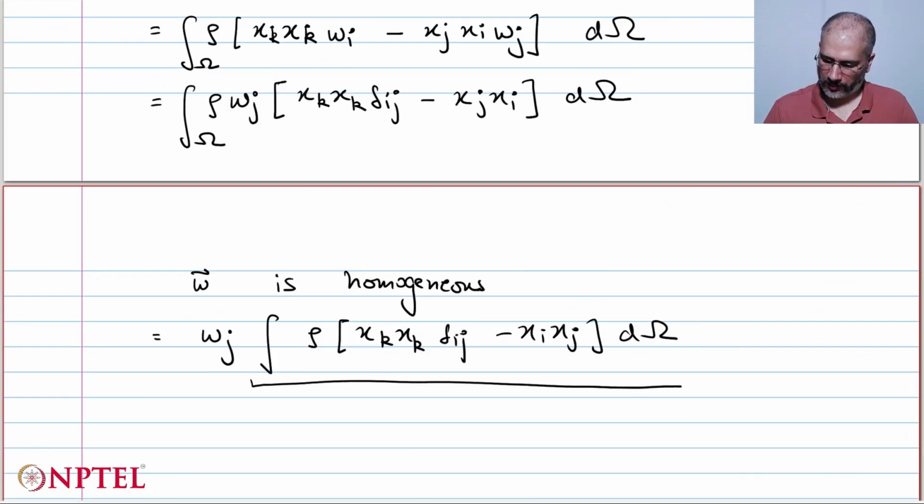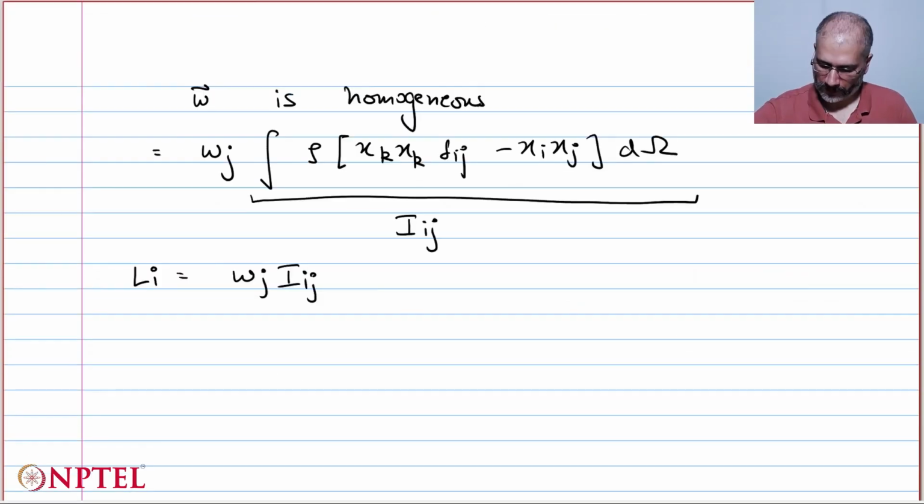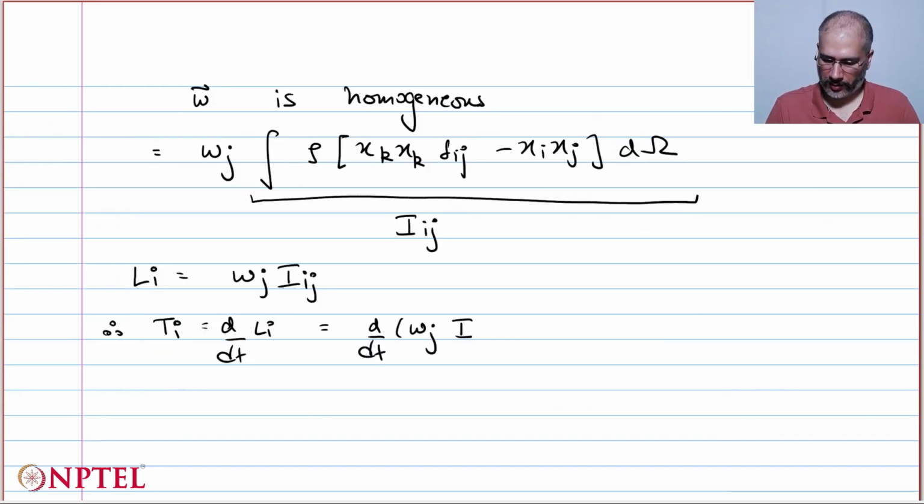And this integral was the integral I with the free indices i and j. So we have shown that L_i is omega_j times I_ij, and therefore the net torque becomes d by dt of L_i from the angular momentum principle, which is d by dt of omega_j I_ij. So that completes the solution.